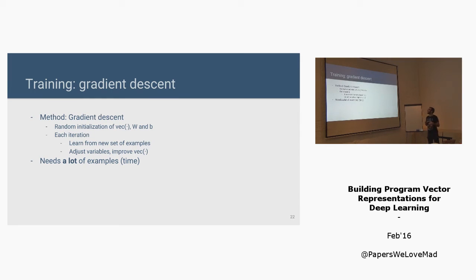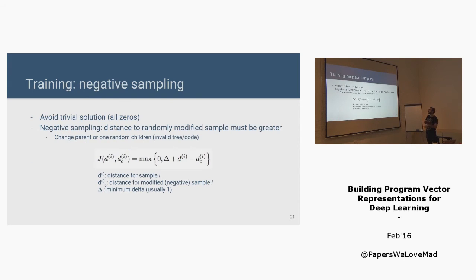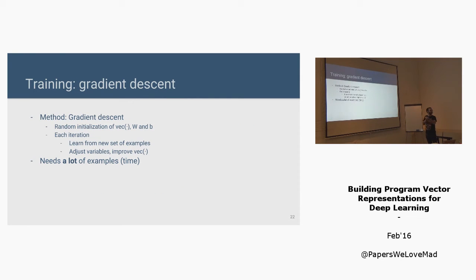And with examples and time and processing power, you make it smaller. So that's how you do the training, and how you make everything fit together, the vectors and the W's and the B's and everything. This is how you get them to fit, by forcing that function to get smaller. And I think I've talked too much already, so it's time for Guillermo.